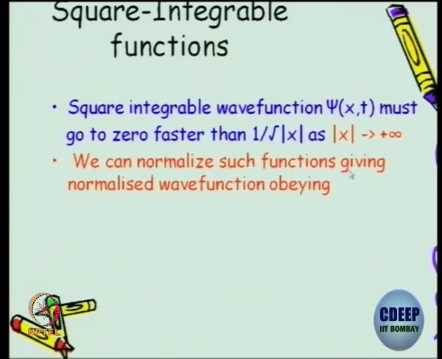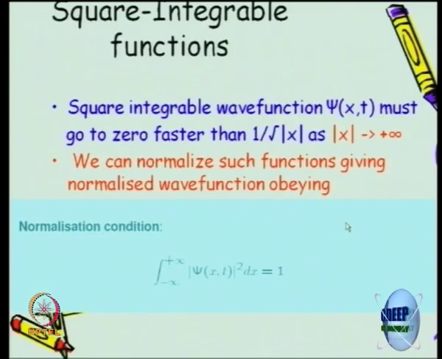For such functions you can normalize them, and the normalization condition is that the integral of mod psi squared dx over the entire range, which depends on the situation, but if it goes from minus infinity to plus infinity, has to be equal to 1.